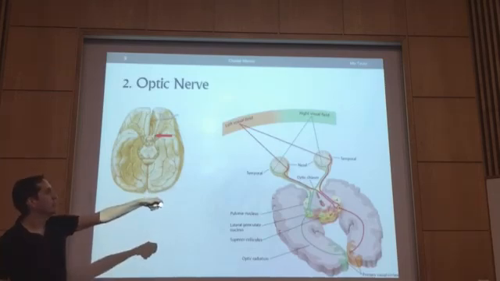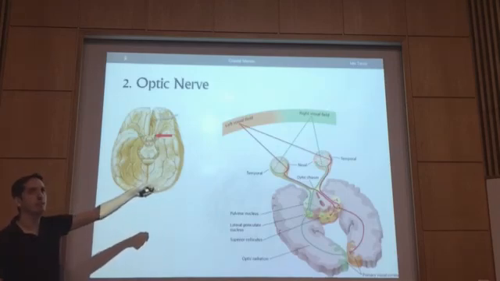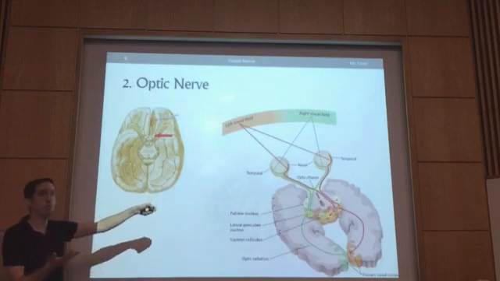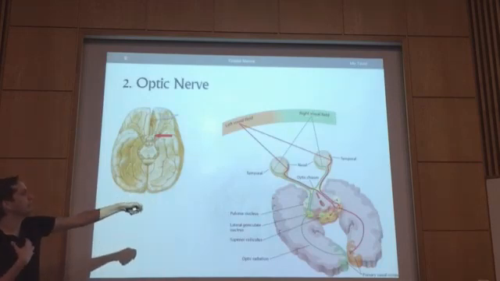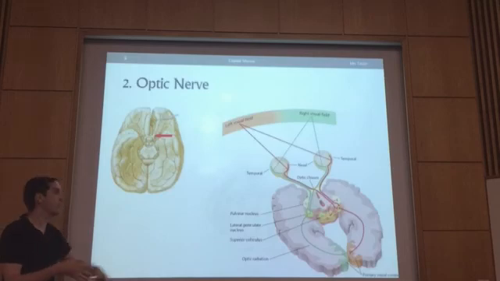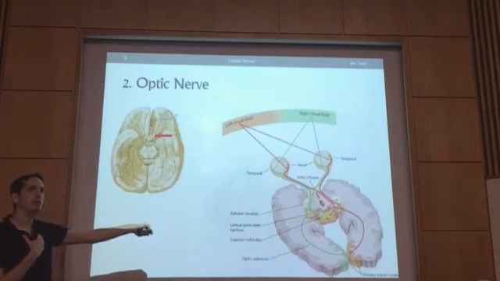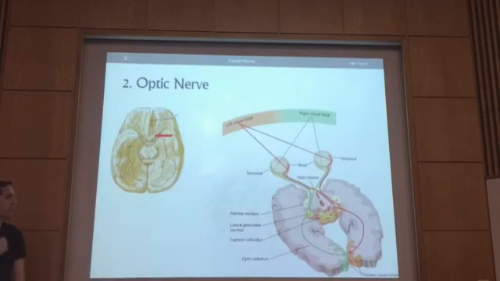The information from the nasal part of the eye came from the same side of the environment, and this part crosses through the optic chiasma to the other side of the brain, and then travels through the contralateral optic tract to the contralateral lateral geniculate body.